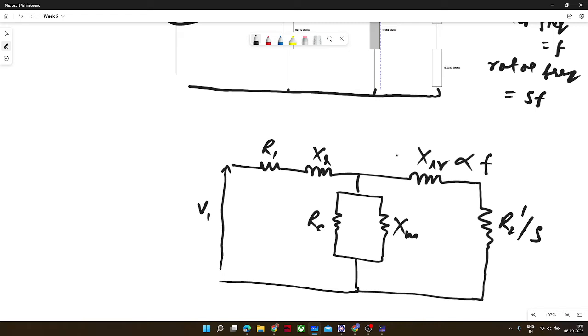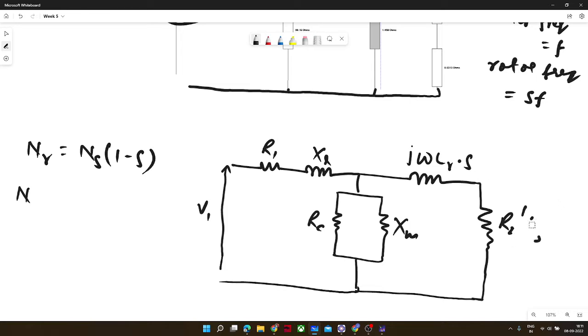Otherwise, if the induction motor is running at any NR, and NR is nothing but NS into 1 minus S, and slip is the operating frequency, the original operating point of the parameters are like that. It would be J omega LR into S. Okay, S will be multiplied, and here S will be absent.